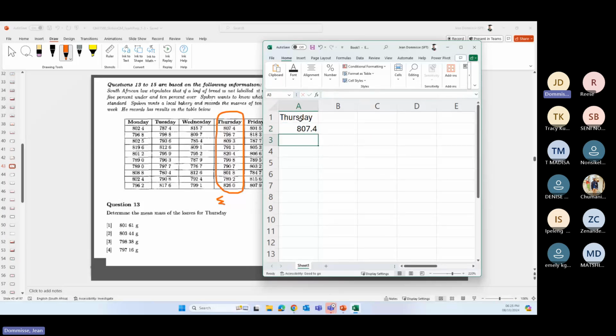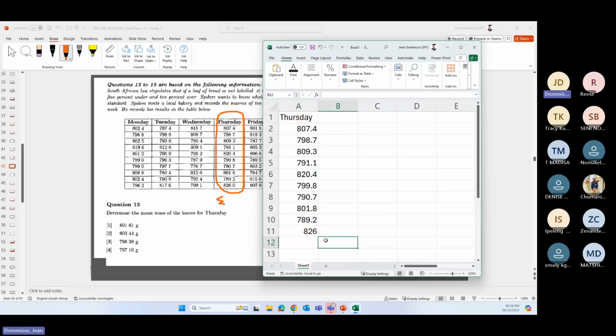So 807.4 plus 798.7 plus 809.3 plus 791.1 plus 820.4 plus 799.8 plus 790.7 plus 801.8 plus 789.2 plus 826.0.